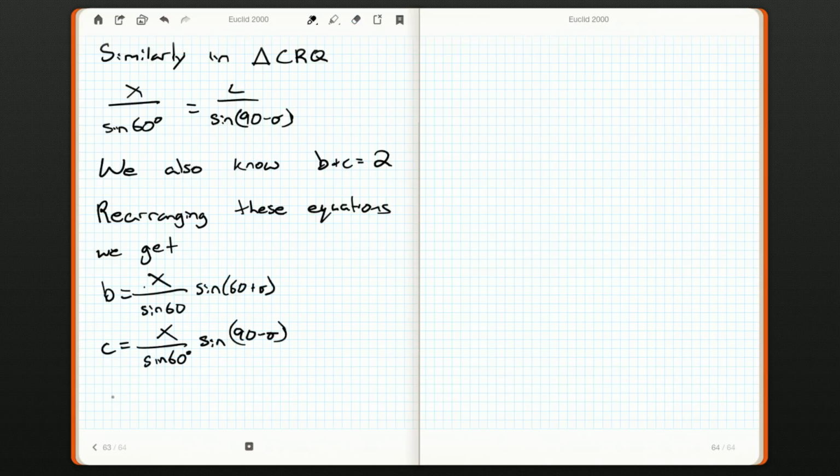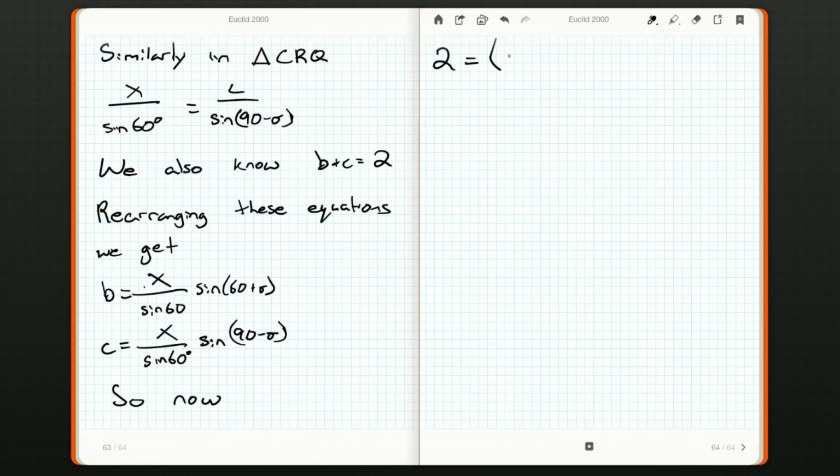Okay? So now we can see 2 is going to be equal to sine 60 plus sigma plus sine 90 minus sigma, all over sine 60 degrees.